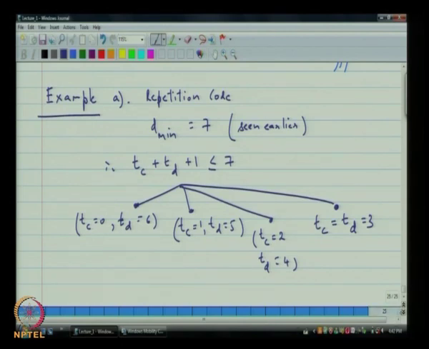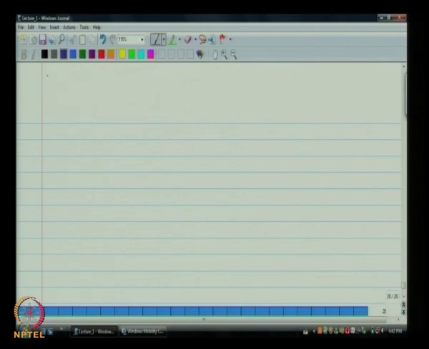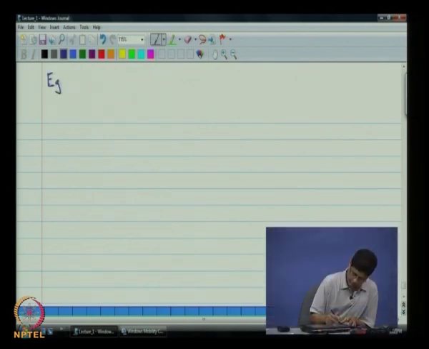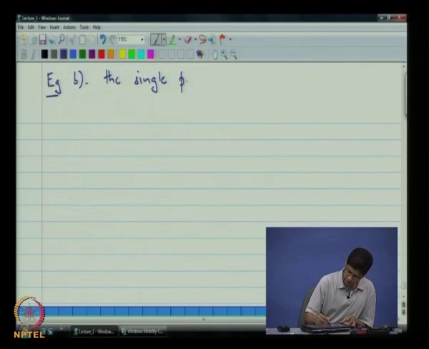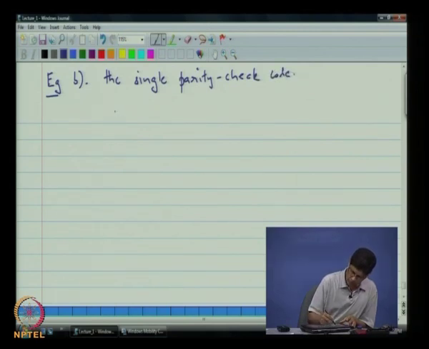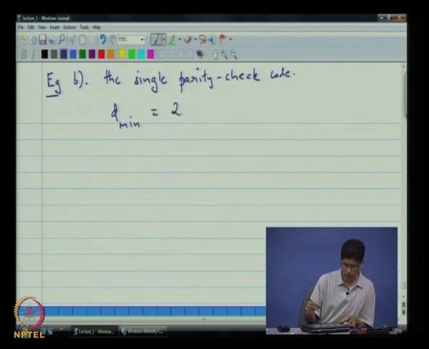Now, let us look at some of the other codes. Example B, the single parity check code. Here for this code, d min, if you will recall, was 2.